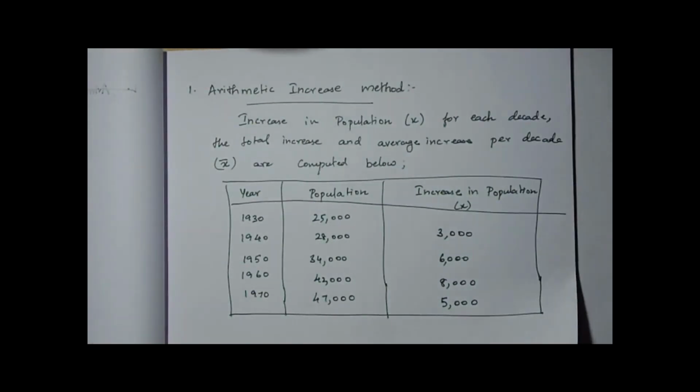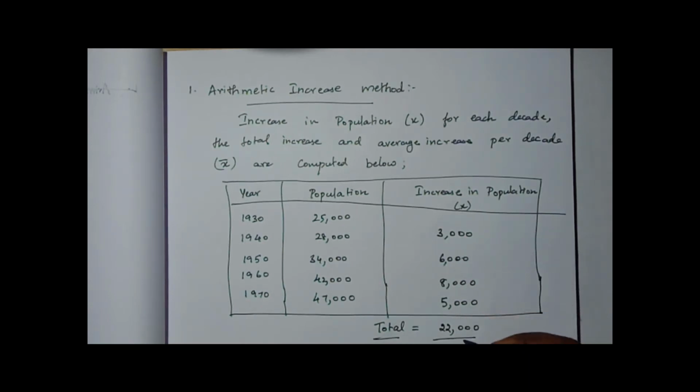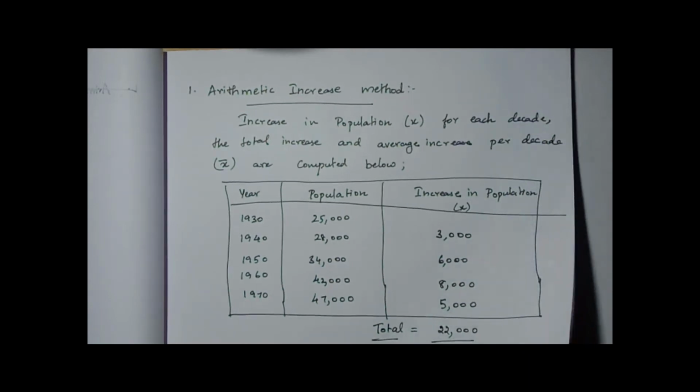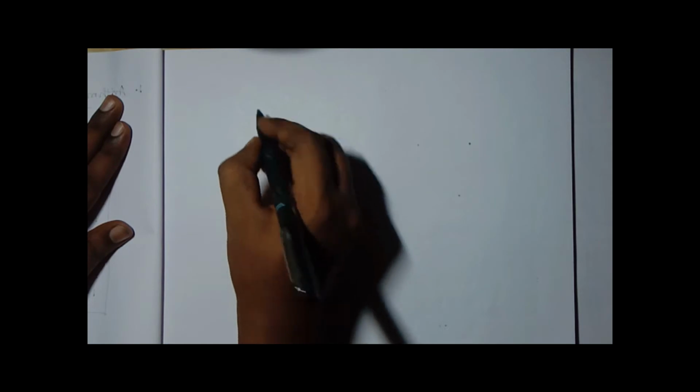Before that, let us sum this up. The total increase in population is 22,000. When we add 6 plus 3 plus 8 plus 5, we get 22,000. Now we have to find the average increase per decade.